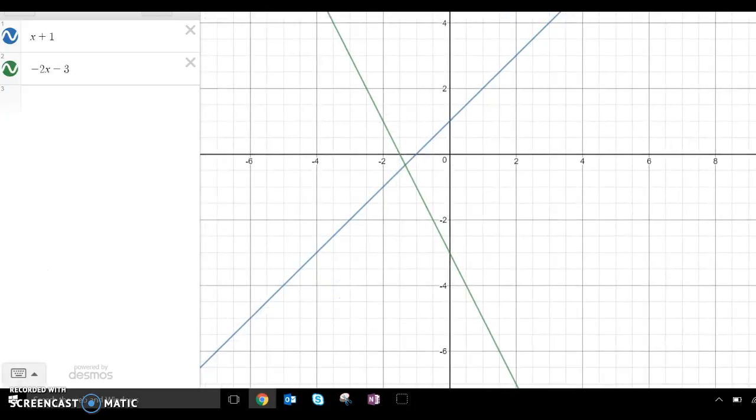What I mean by restrictions is that you do have that other piece of the piecewise function, and this is why it's called piecewise, because we don't want the entire graph, we want a piece of it. For x plus 1, I only want when x is less than negative 3. And for negative 2x minus 3, I only want what's greater than or equal to negative 3.